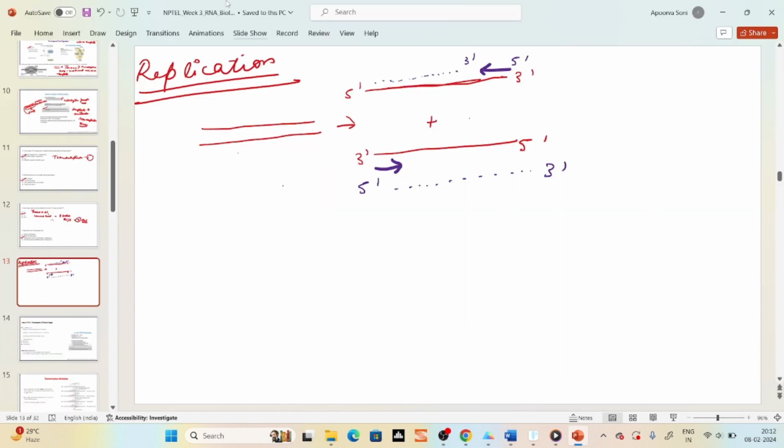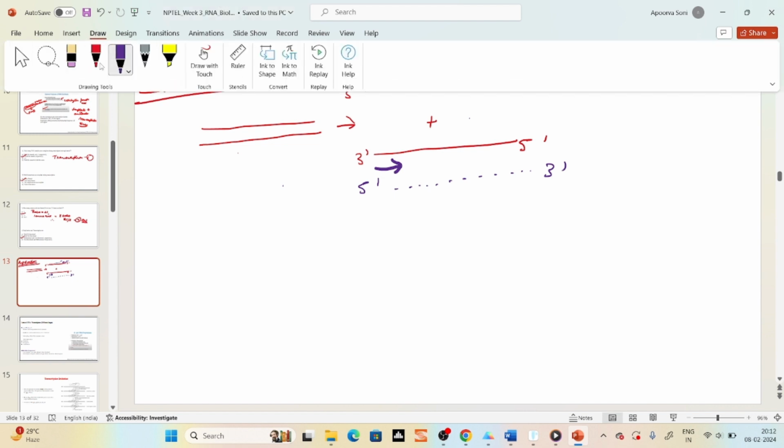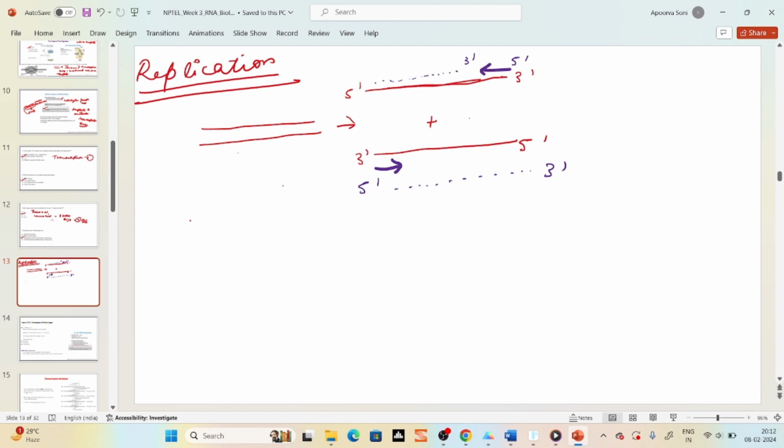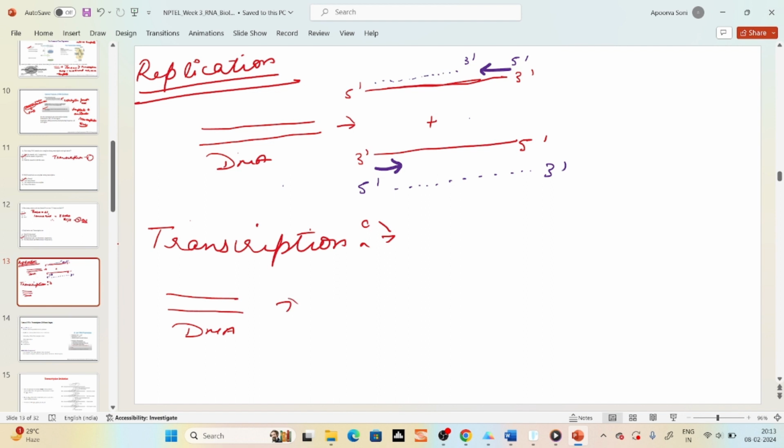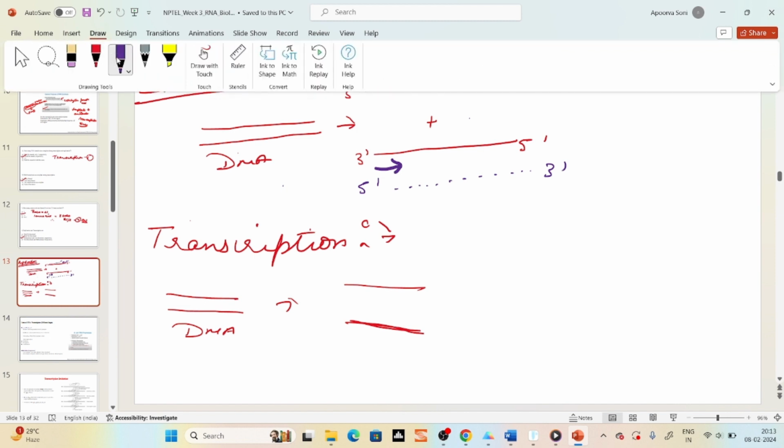Now I am talking about transcription here. Okay, this is the DNA, your double stranded DNA. This strand is only acting as a template molecule, because in the case of transcription, only one strand acts as a template.